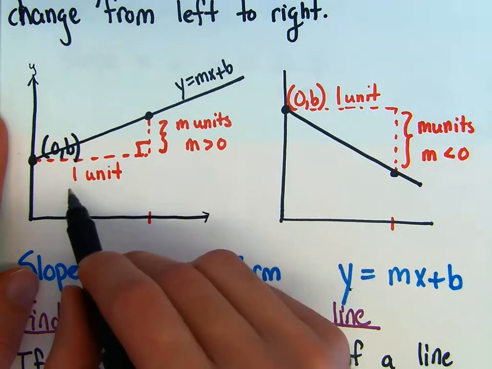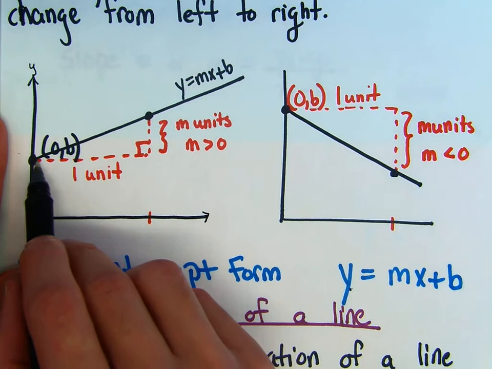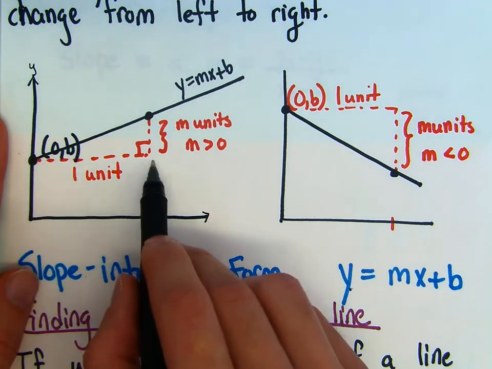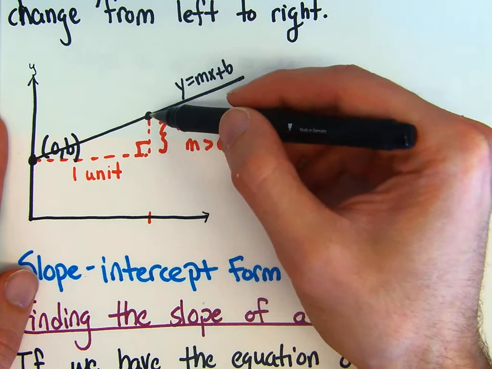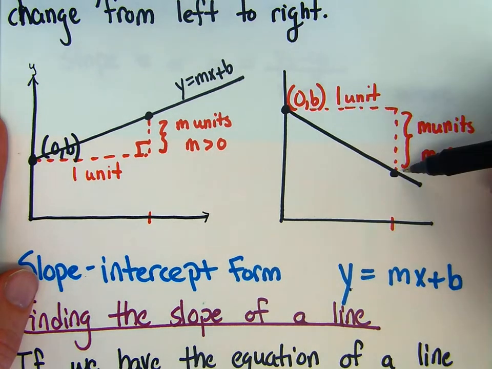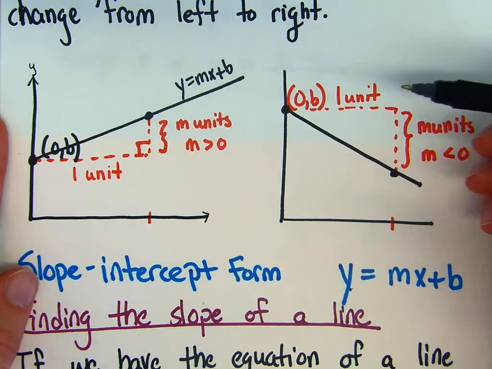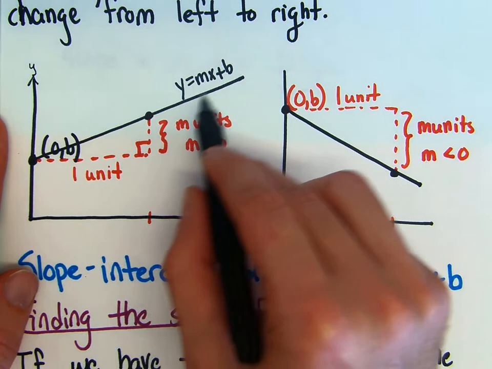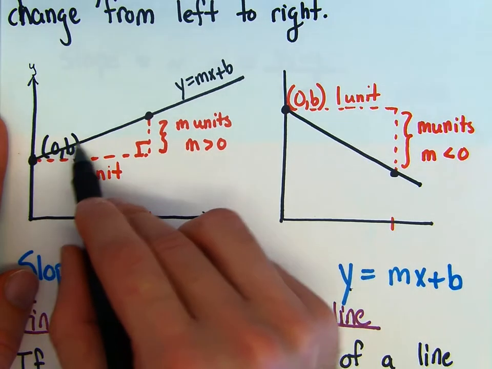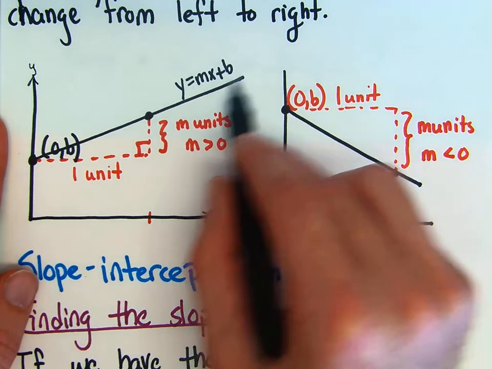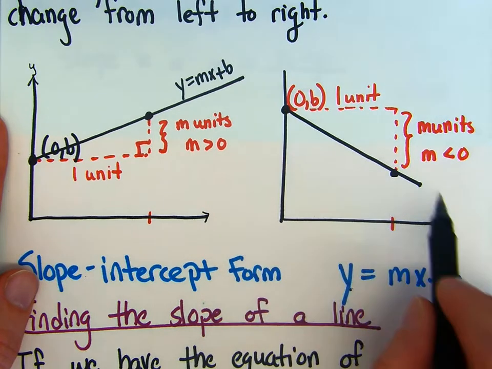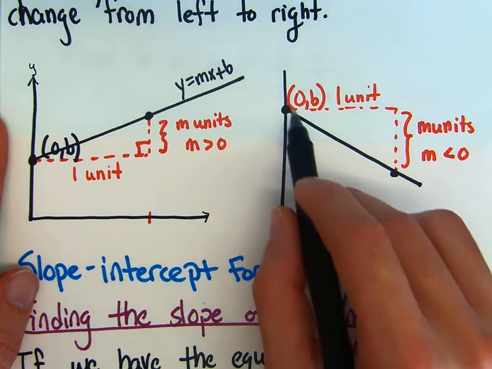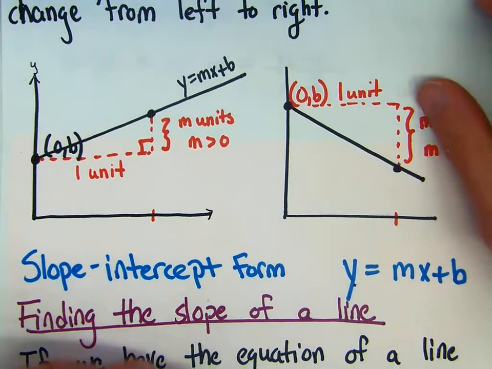The idea of slope is, for every 1 unit I go to my right, how many units up or how many units down does the line change? Notice that this will be a positive slope because from left to right the graph is increasing, and from here, left to right, the graph is decreasing. So this would have a negative slope.